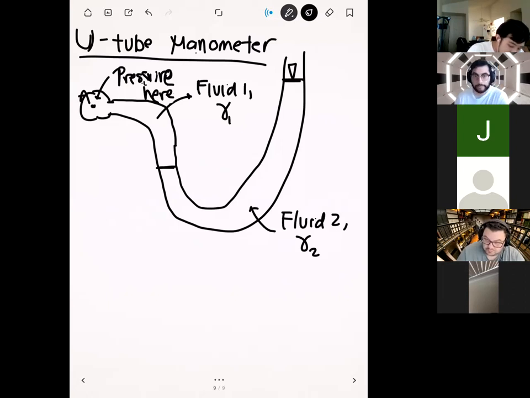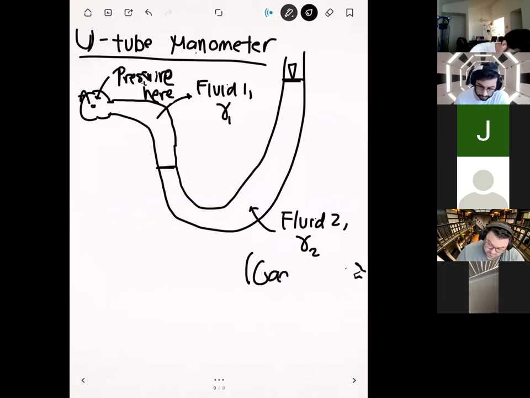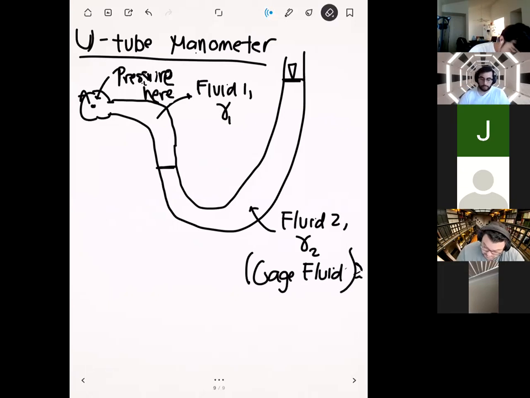So another name for this fluid is the gauge fluid. Okay. And so the gauge fluid is usually very specialized for this purpose. And the characteristic for gauge fluid is that they usually have a specific weight that's really, really high.